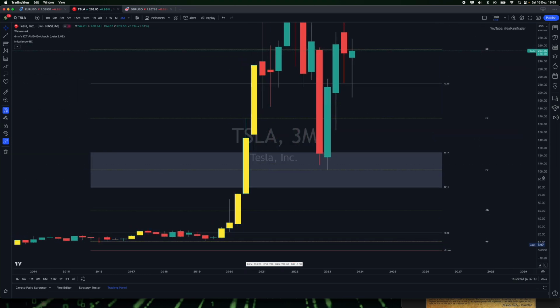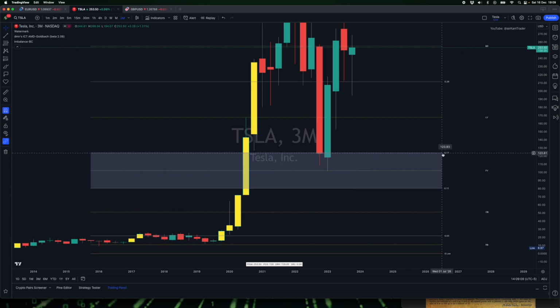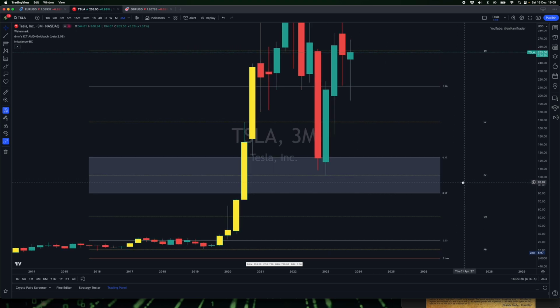So going back to this fair value gap, can you see anything interesting? This is the fair value gap partition according to Goldbach, and what did price retrace to? 50% of the consequent encroachment. Okay, does this look like a random occurrence to you?